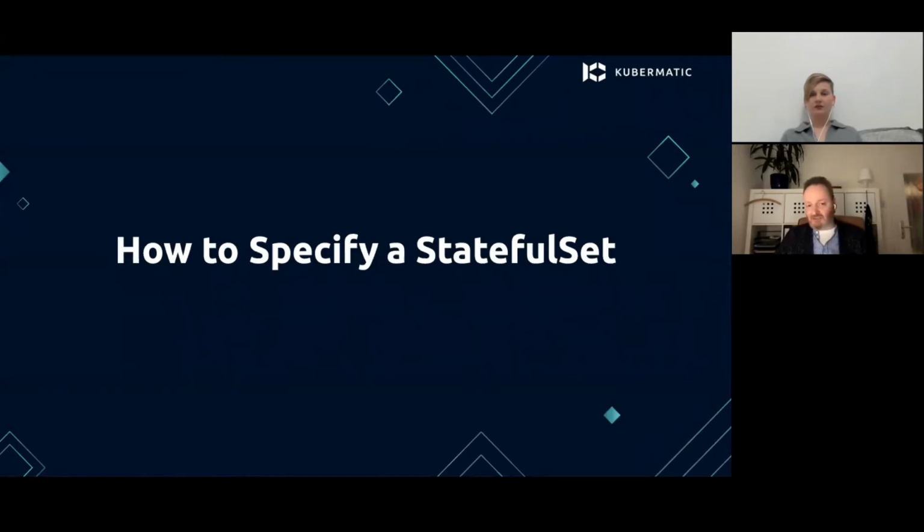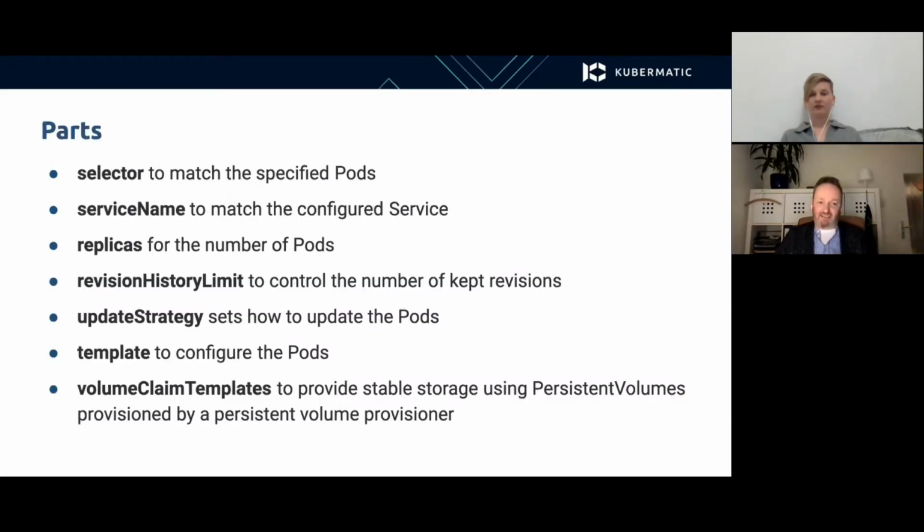So what will be more interesting to you is how to specify such a StatefulSet. And there are different parts inside of it beside the typical Kubernetes parts like the name and the type. But inside the spec, there is a selector to match the specific pods. There's a service name, because somehow you have to match the configured service.